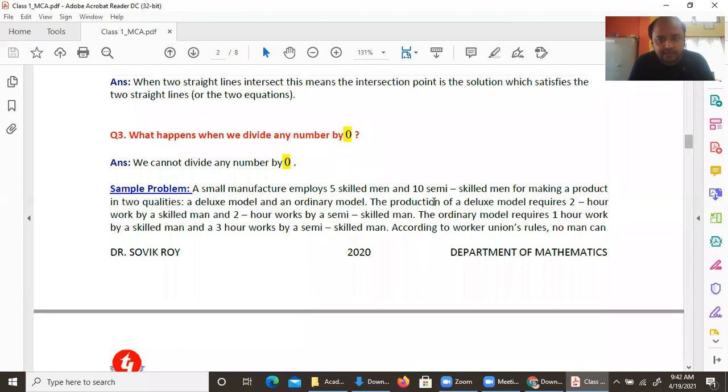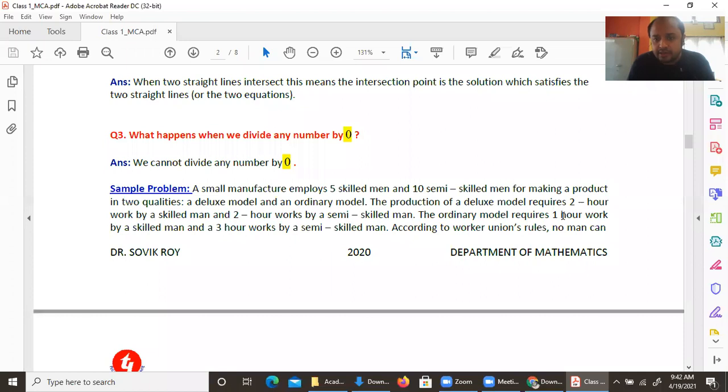So for example, I can consider a sample problem. A small manufacturer employs 5 skilled men and 10 semi-skilled men for making a product in 2 qualities, a deluxe model and an ordinary model. These are the 2 products they are making. The production of the deluxe model requires 2 hours of work by a skilled man and 2 hours by a semi-skilled man.